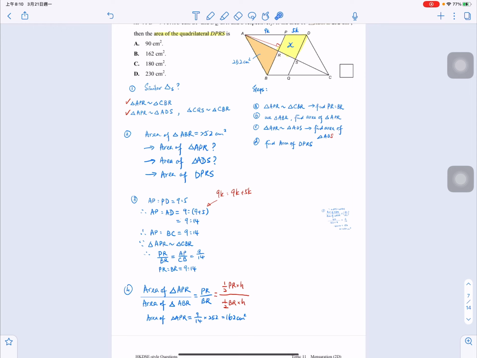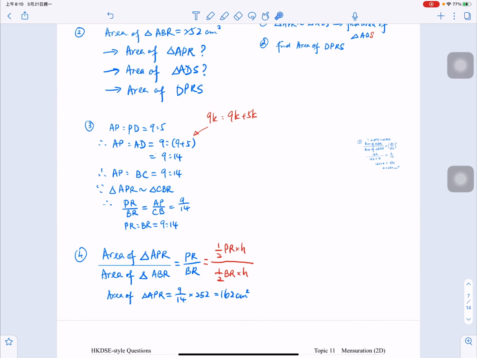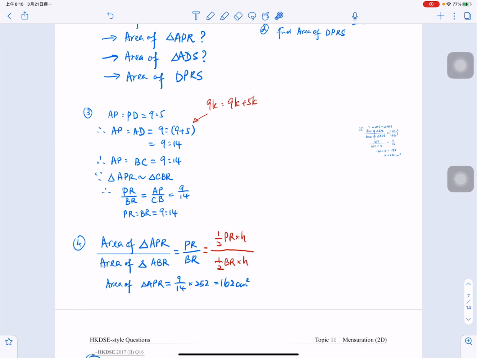Okay, now we can find the area of APR. So 9 over 14 times 252, right? So 162. See? Here is PR 9/14, right?